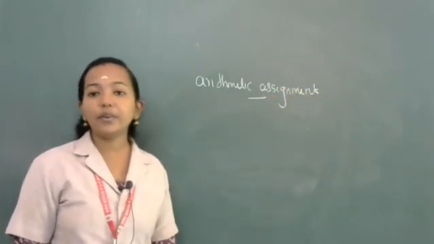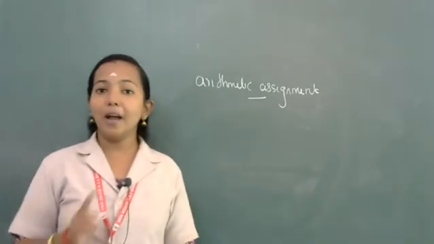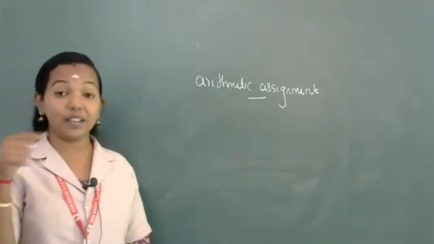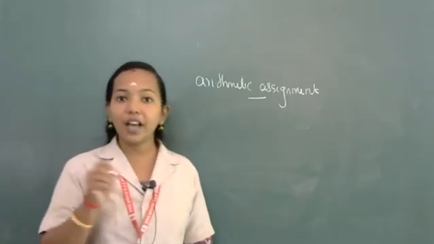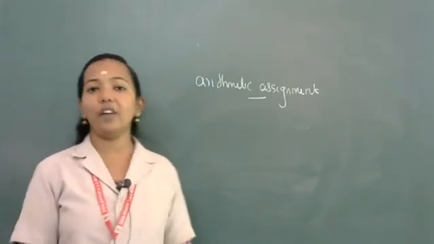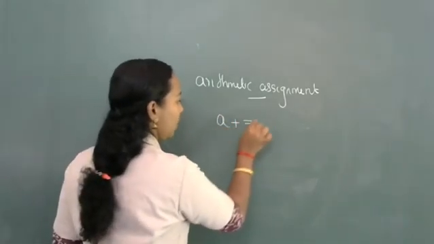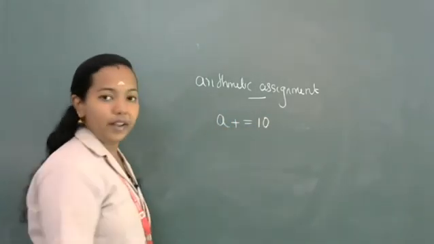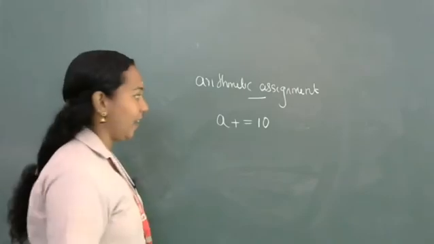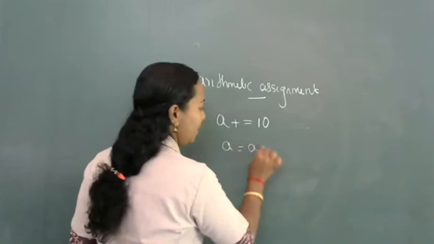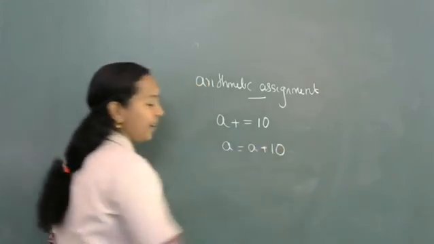The commonly used arithmetic operators are plus, minus, division, star and so on. So we are using arithmetic along with assignment. We can write like this: A plus equal to 10. A plus equal to 10 means A equal to A plus 10.